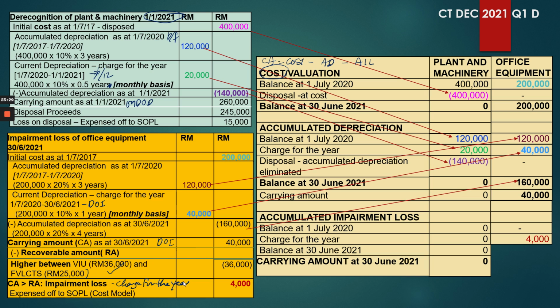So that was 4,000, and the balance at the end of the year remains at 4,000. Therefore, the carrying amount after considering impairment loss for the office equipment is 36,000. The 36,000 is taking 40,000 minus this 4,000, but the 40,000 here is 200,000 minus 160,000, you got 40,000, but you need to also remove the accumulated impairment loss.